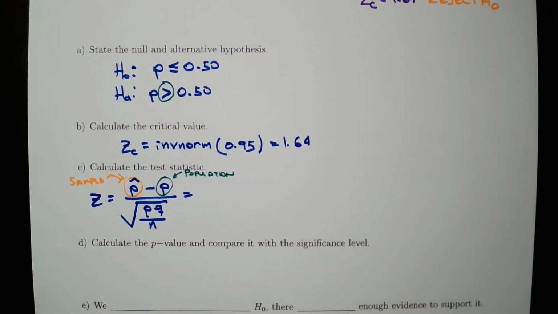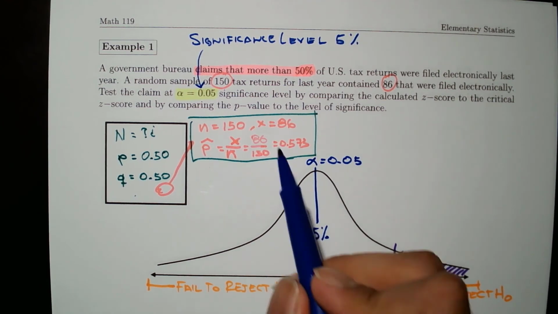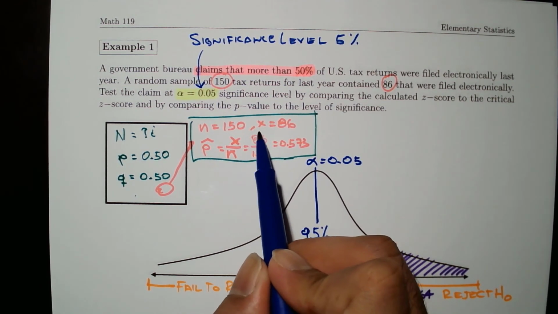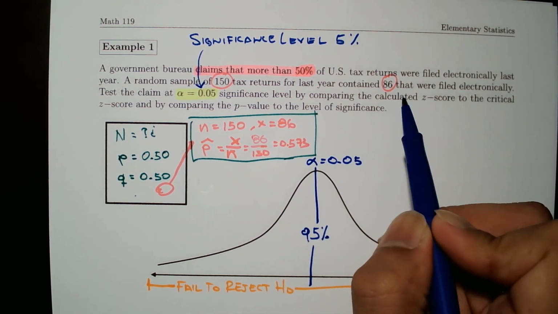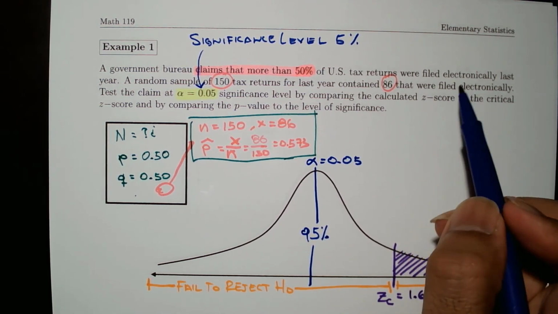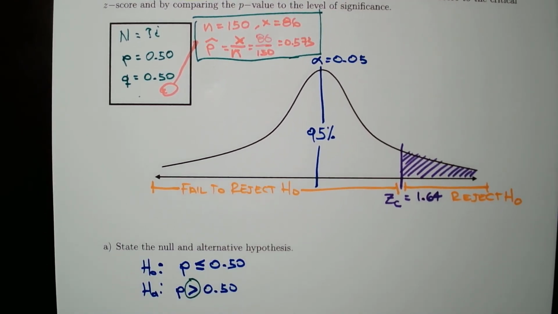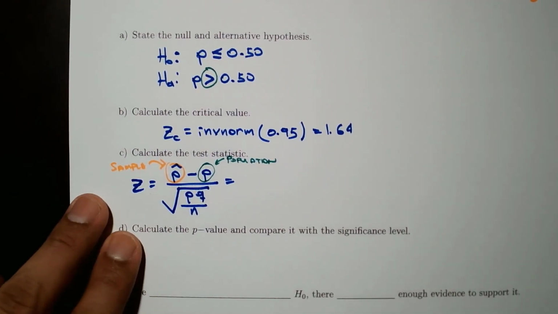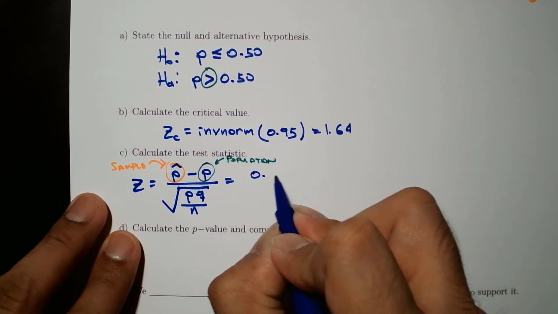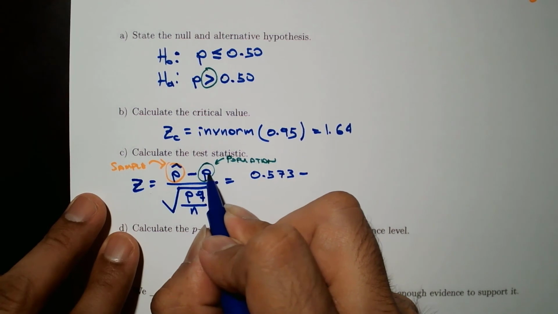So let's put numbers. The p hat is the one that we calculated from our sample. The number of successes over the sample size, the number of successes of the tax returns that were filed electronically. Okay, 0.573. So this is 0.573 minus p from the population.